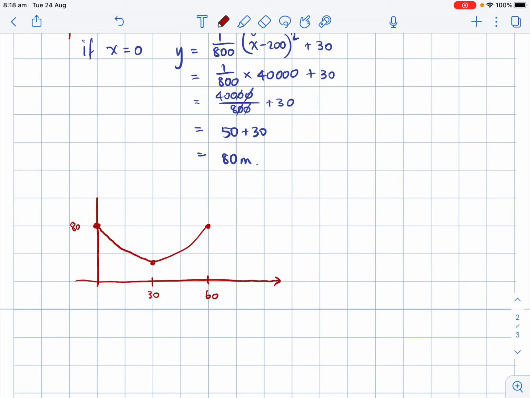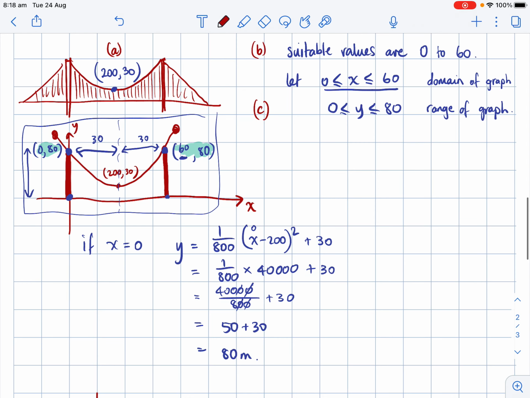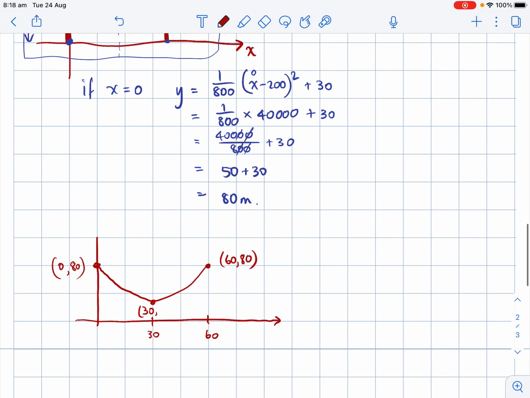Best graphs always have the key points listed as coordinates. So this is the point where x is 60 and y is 80. And this is the point where x is 0 and y is 80. And this is 30. I've got a feeling I've got that wrong now, haven't I? Oops, I've just made a mistake. Big mistake, actually.